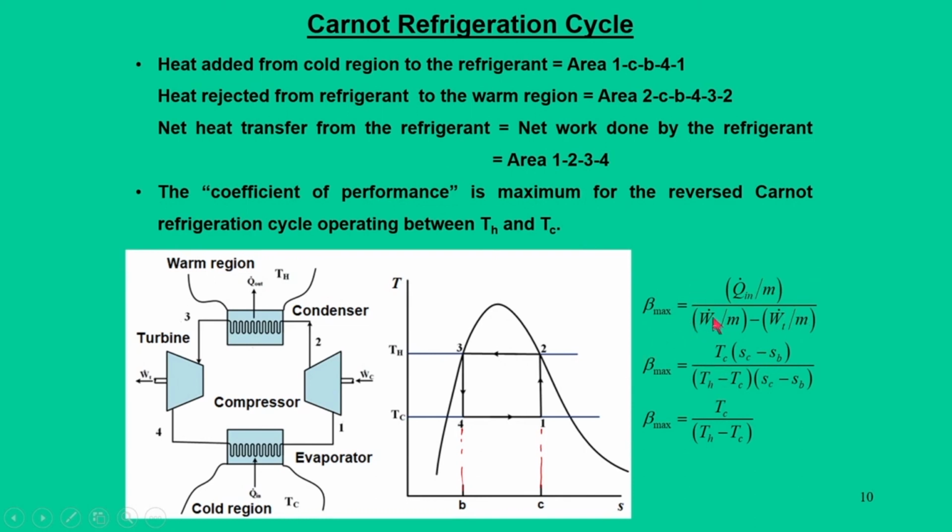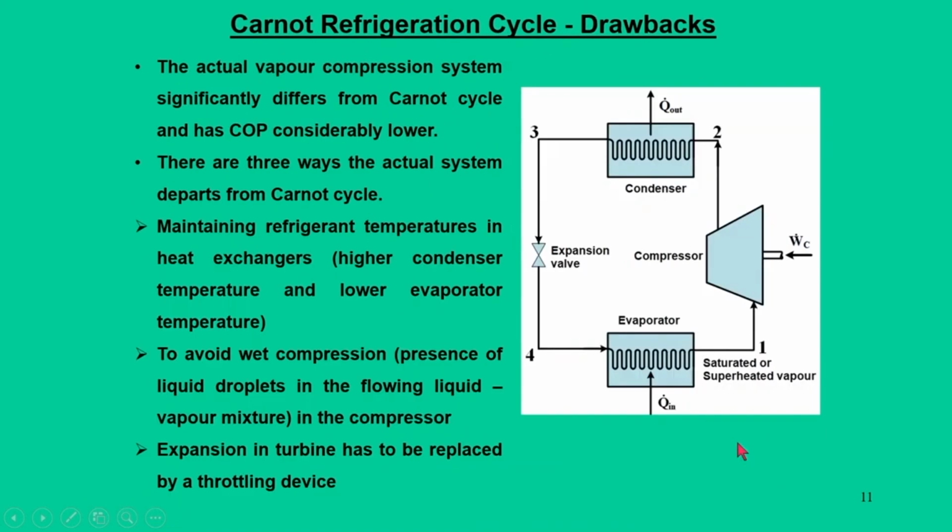From this simple mathematical area calculation, we find a parameter which is beta max, the maximum coefficient of performance, and normally we call this the Carnot COP. Beta max will be equal to Tc divided by Th minus Tc.